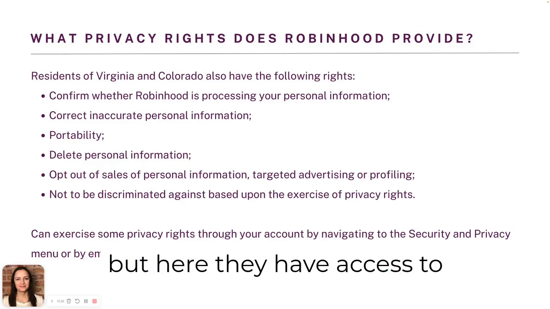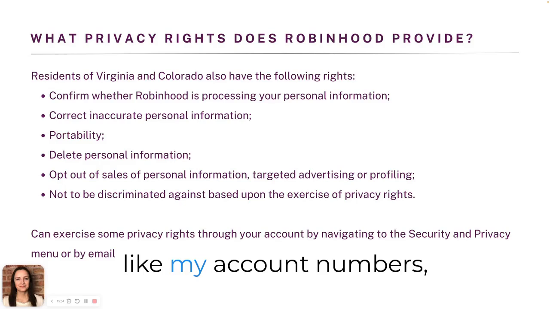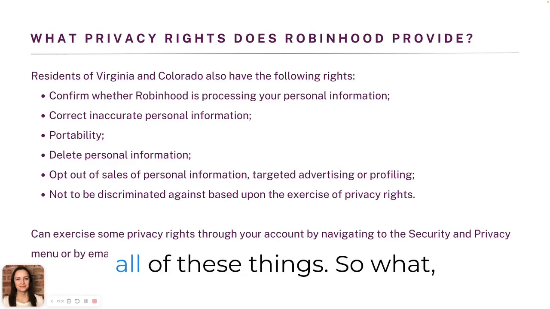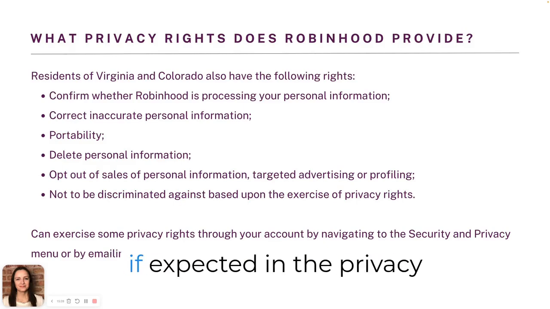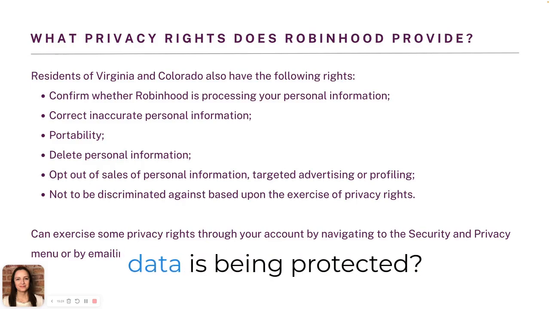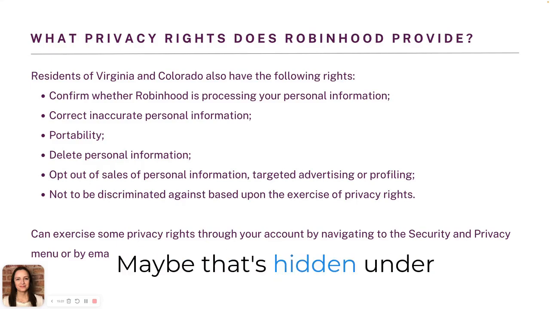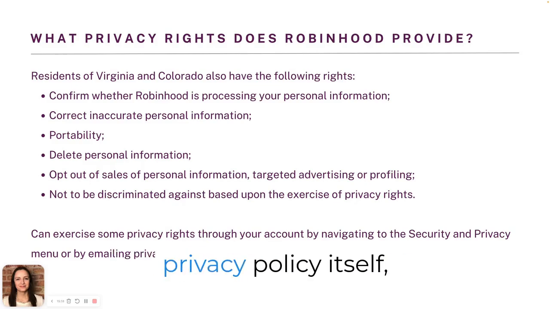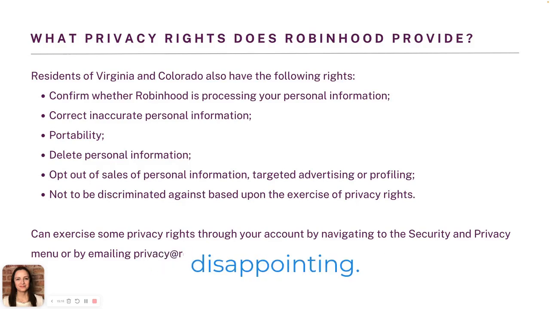But here they have access to a lot of sensitive data, like my account numbers, social security number, my transaction history, all of these things. So I would have expected the privacy policy to provide some information as to how this data is being protected. Maybe that's hidden under different pages that I didn't see. But I didn't see that in the privacy policy itself, which I thought was disappointing.